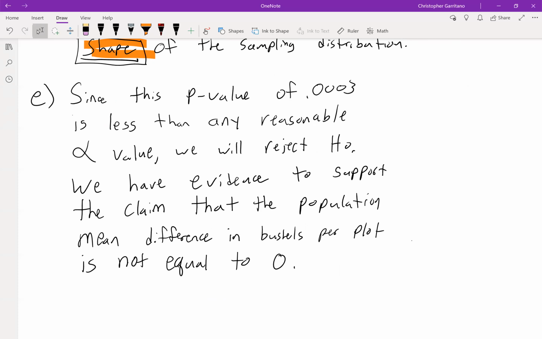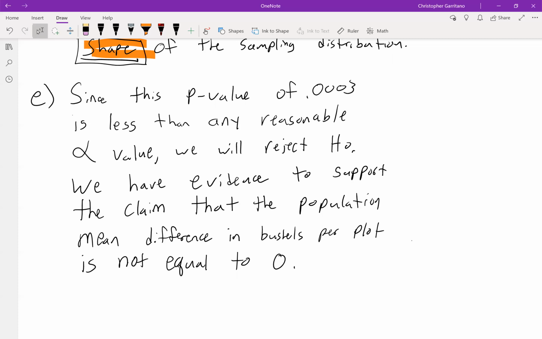Now, that first sentence tells us what we do with the null hypothesis, reject it. The second sentence should always be something that sort of refers to the alternative hypothesis in context. So I go on to say, we have evidence to support the claim that the population mean difference in bushels per plot is not equal to 0.